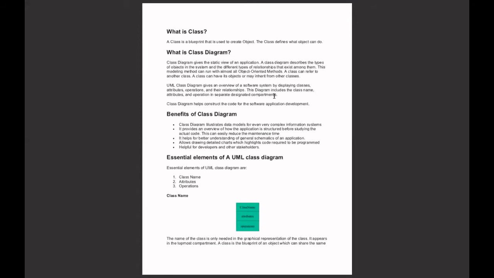A class is defined by three elements: first is the class name, then attributes, and methods or operations. These three things are very important to defining a class.